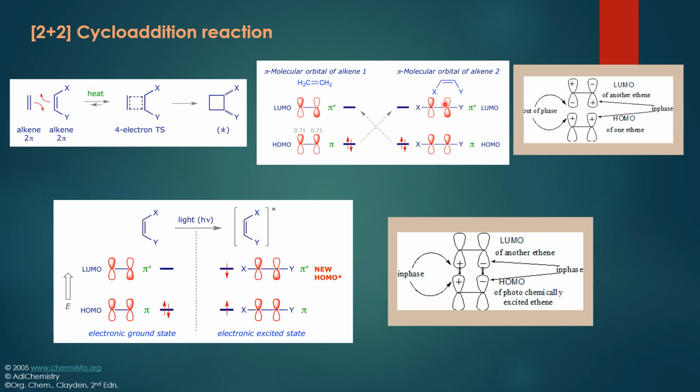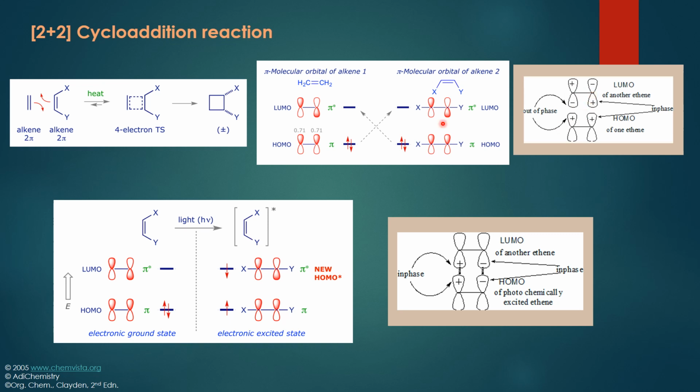We have drawn the HOMO of one ethene like this, with no nodes, and that interacts with the LUMO of the other alkene, which has one node, as shown. When these two pi component systems approach, we can see that this part is in phase, plus plus, but this part is out of phase, plus minus. So this reaction won't take place.